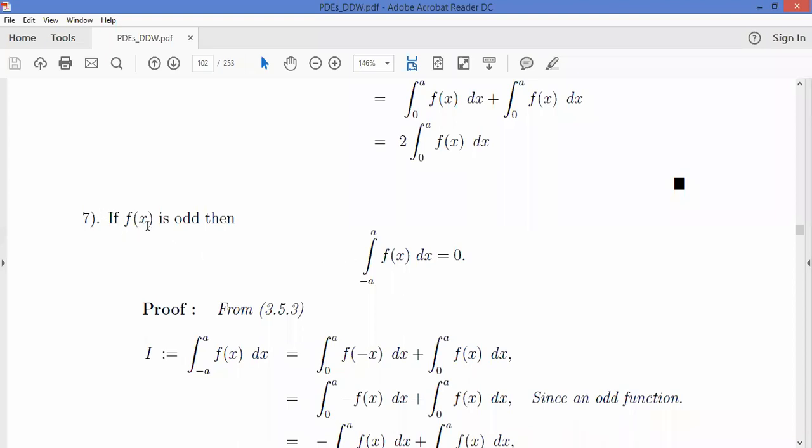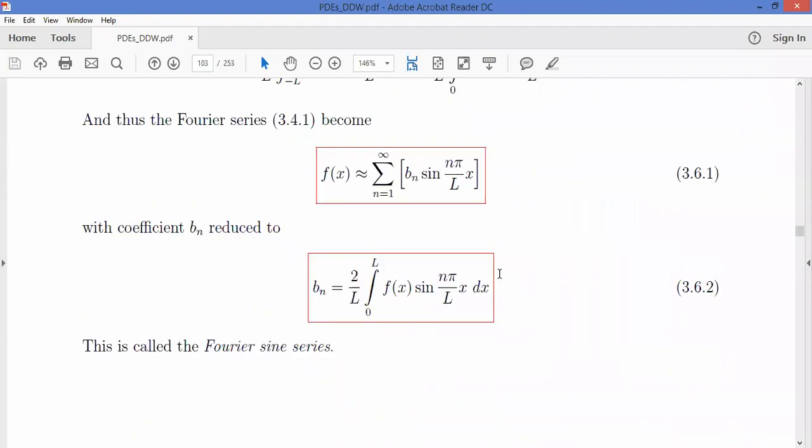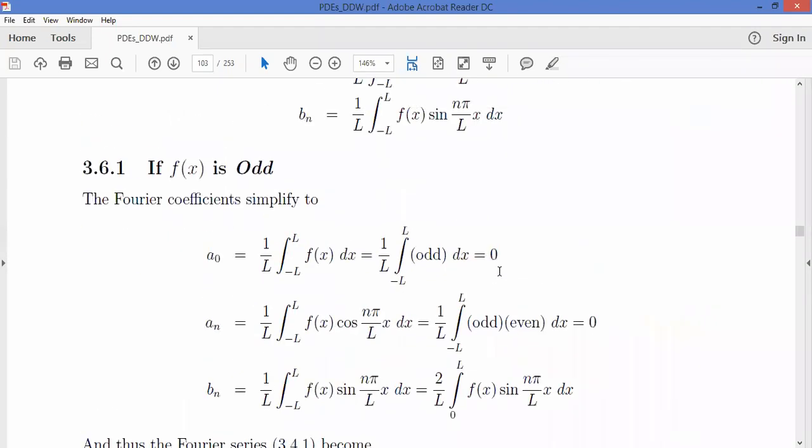If we have f(x), we are saying f(x) is odd. Okay. So I am referring to property 7, sorry, not property 6, property 7. We said if f(x) is odd, then that integral is 0. So this is a direct application of the properties we've discussed.